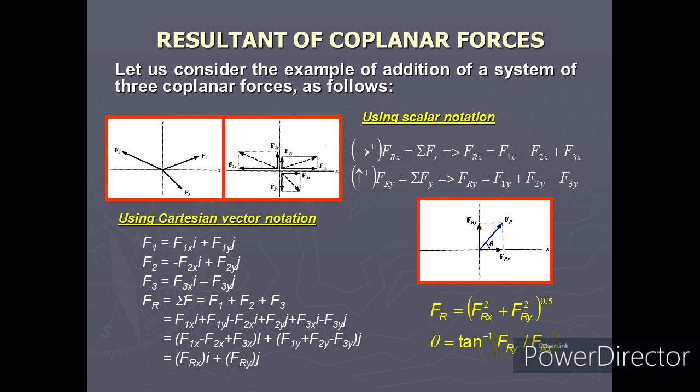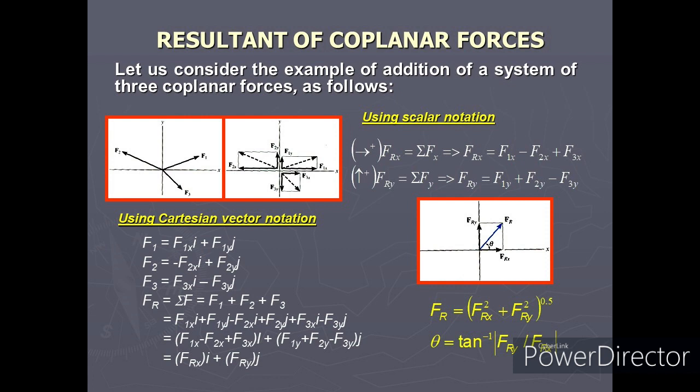Now, resultant of coplanar forces. You have coplanar forces here, which are concurrent, because they all meet at a point. F1, F2, F3. How do we find the resultant of these coplanar forces? Okay?